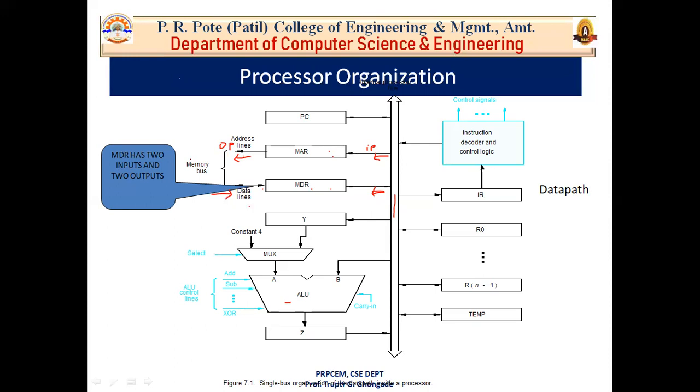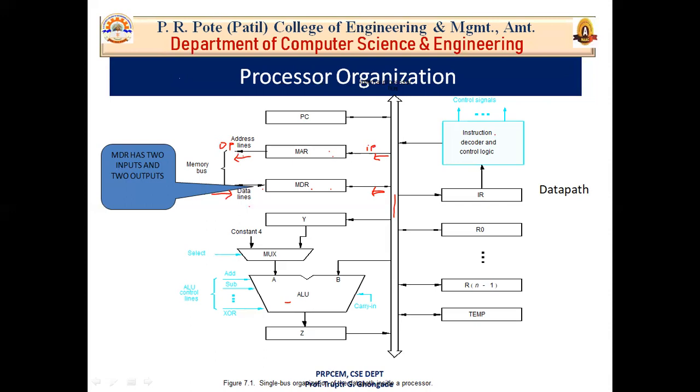bus. Then the control lines of the memory bus are connected to the instruction decoder and control logic block. Now here is instruction decoder and control logic block, which is again connected to the processor internal bus, and this block is used for generating control signals, and control signals are very much important for performing any action in our processor.